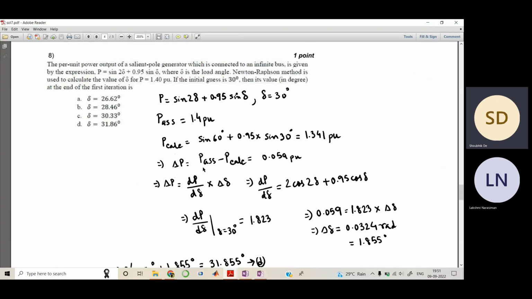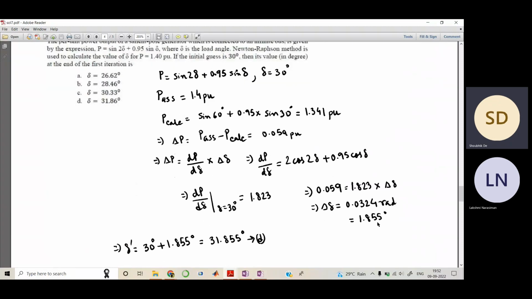When you substitute everything, it comes out to be 0.0324 radian, and multiplying with 180 by pi, it comes out to be 1.855 degrees. Therefore, after the first correction, your delta would become the initial value plus that correction factor.